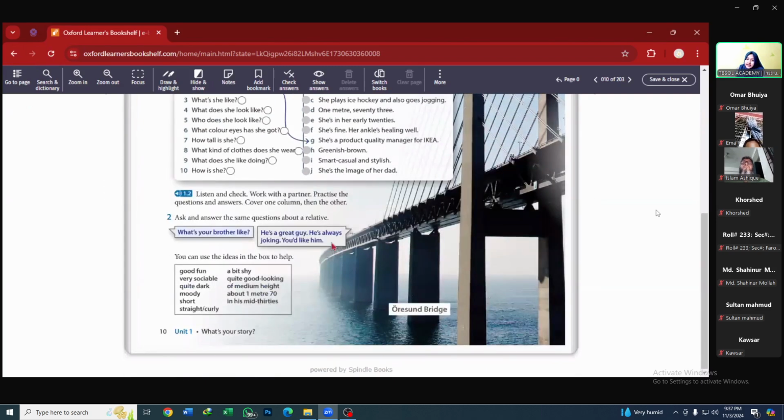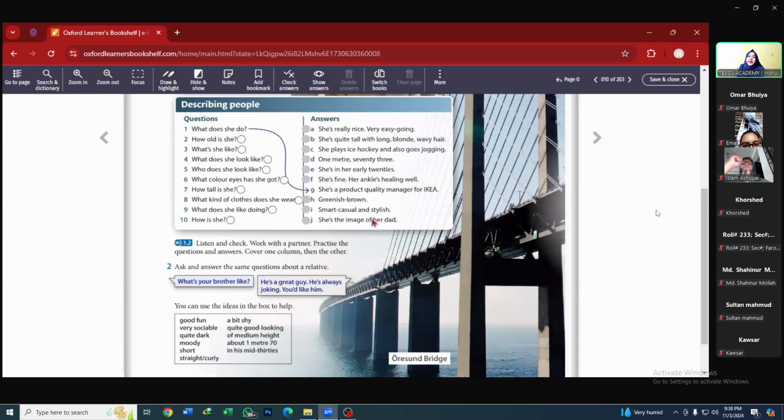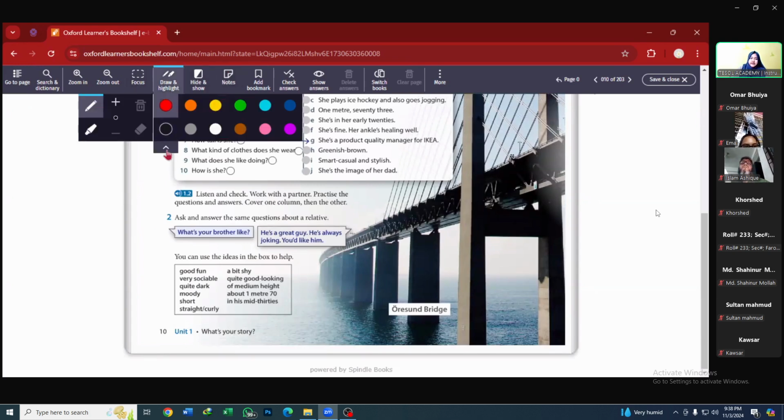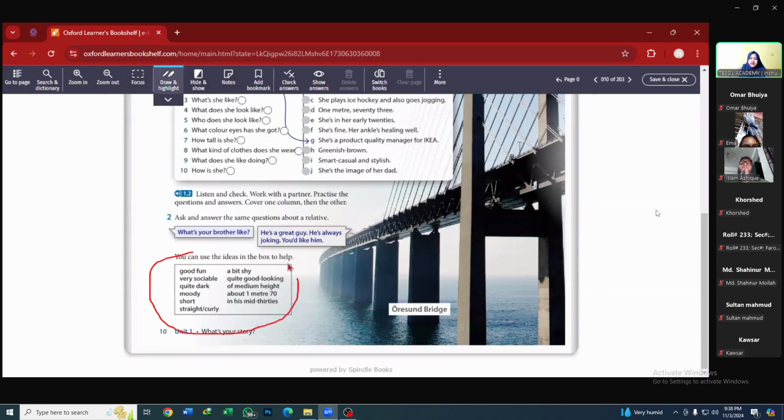Okay, so in our second activity here, we questioned our partners or our classmates. We questioned about some relative of theirs and they answered, describing their relative using these phrases that are given in the box. These are some very useful phrases that can be used anytime about many people, very commonly used phrases.